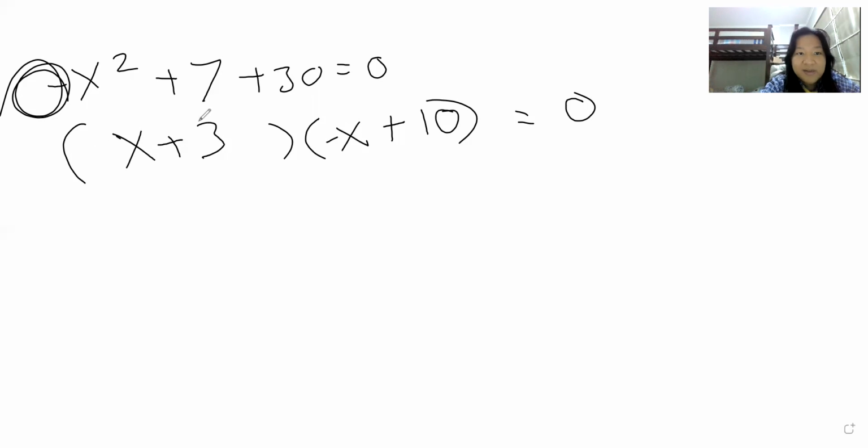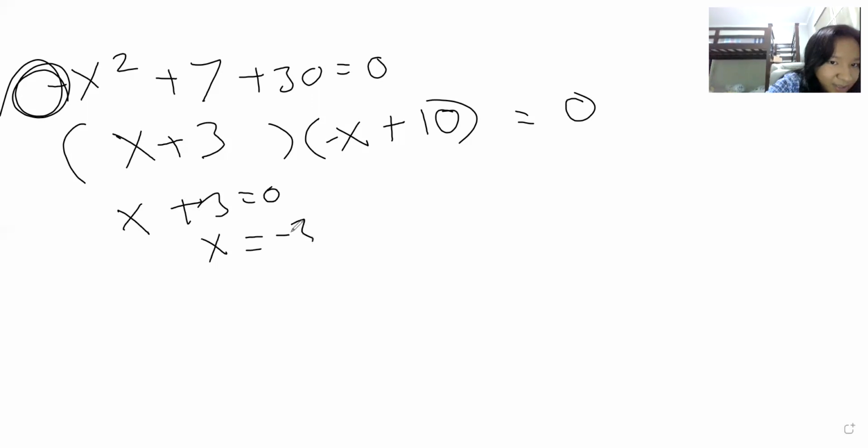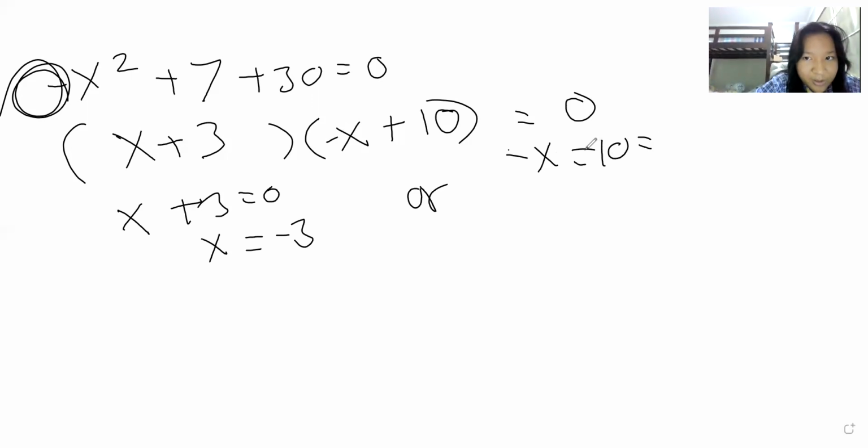If it's here, then it will be minus 10. So you can discard it by yourself. And then the result of this is X plus 3 equals 0, meaning that X is minus 3. And the other one, minus X plus 10 equals 0, so X is 10.